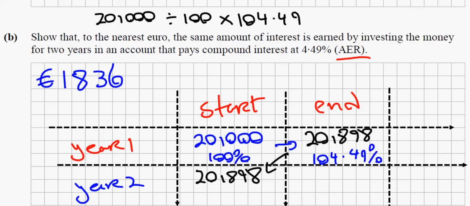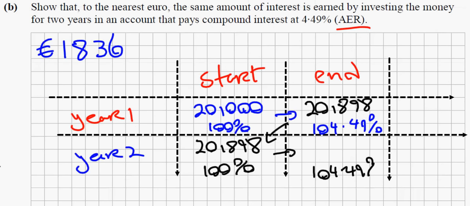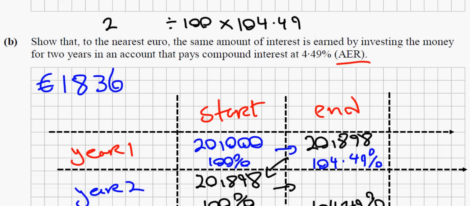So what we're going to do next is reset. At the start of year 2, this is 100% of what we have at the start of year 2. Once again, we're going to add on 4.49%, so it's going to end up being 104.49% underneath. So we're going to take 20,898, divide by 100 and multiply by 104.49.